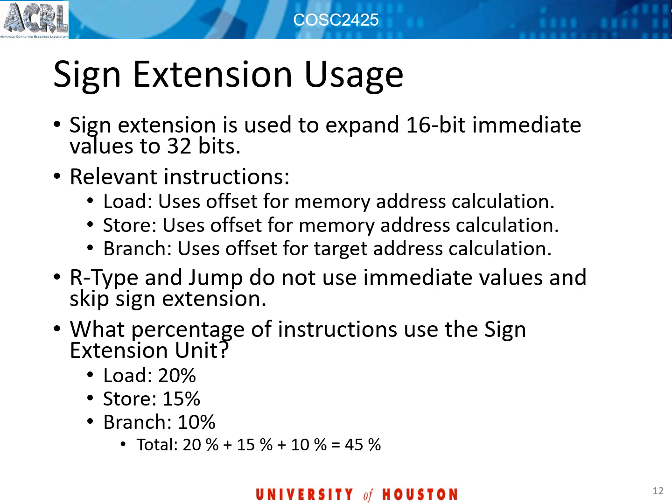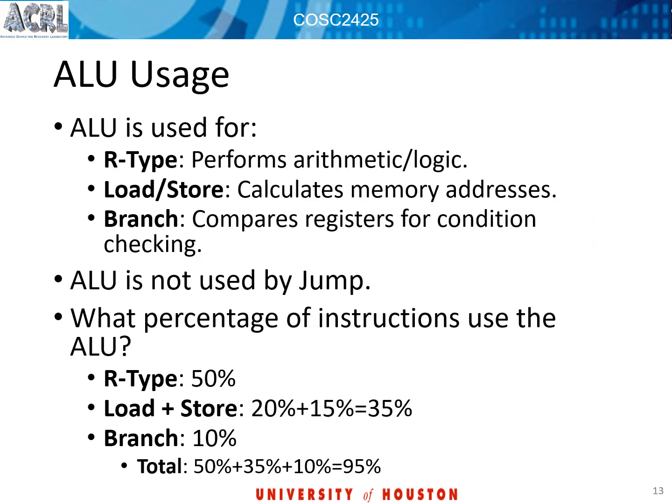As we saw earlier in the table, only load, store, and branch use it. Given the particular distribution in the program, the load is 20%, the store is 15%, and the branch is 10%, and the total is 45%.